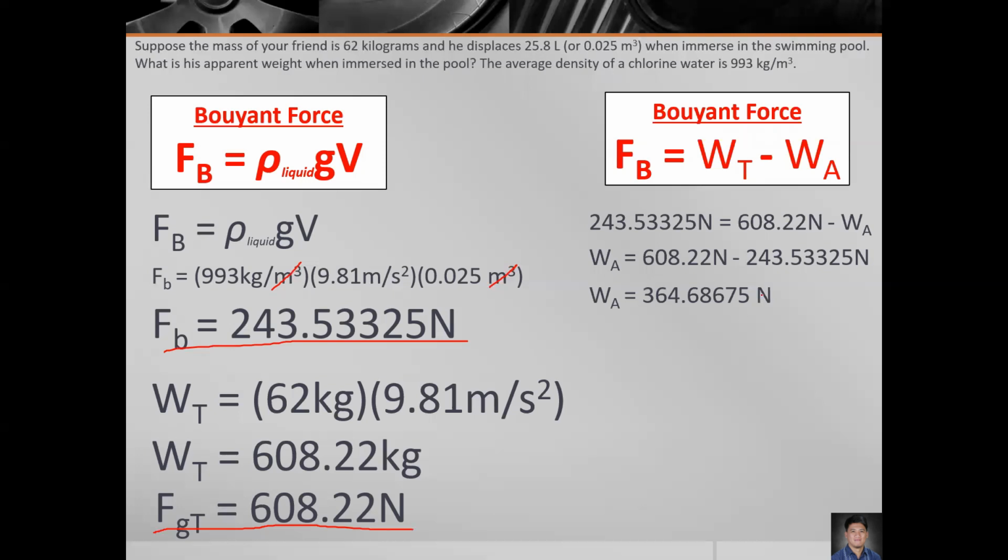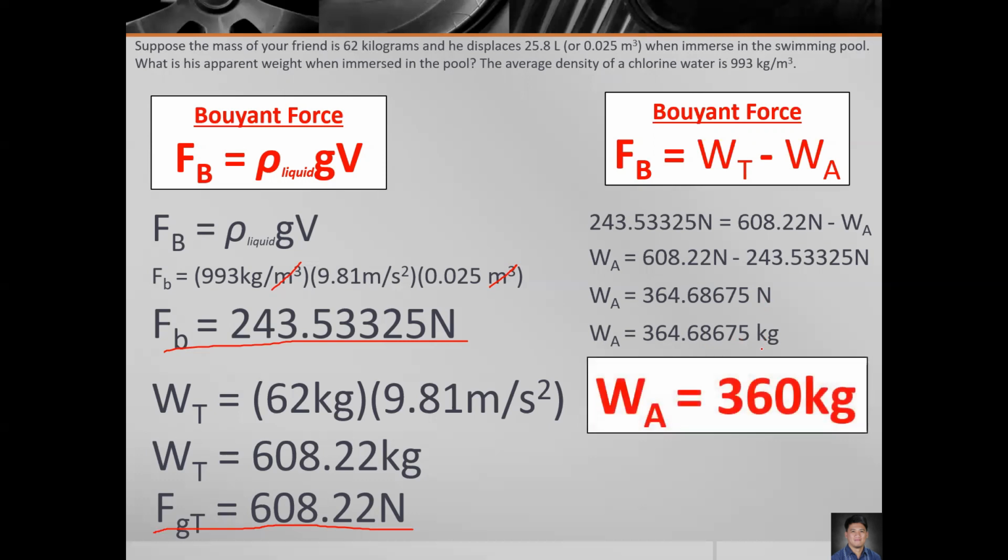364.68675 Newtons. Since what we are looking for is the weight, convert from Newtons to kilograms. And that is equal to 364.68675 kilograms. And since the least number of significant figures we have is only 2, round this to 2 significant figures, and that is equal to 360 kilograms.